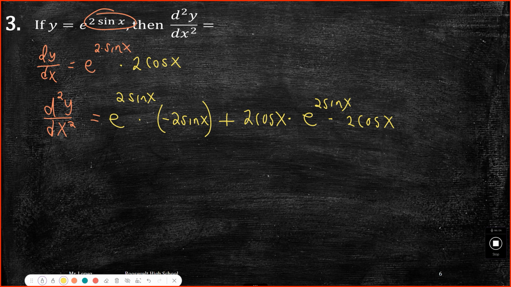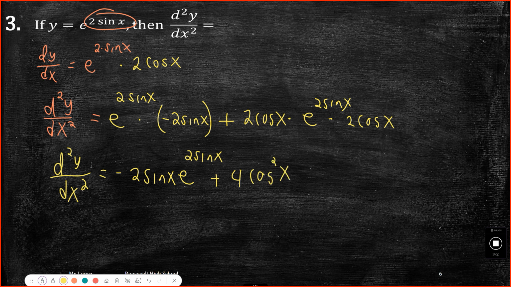We can simplify this some more, no? Cosine squared x, e to the 2 sine x, then we can factor out a 2.